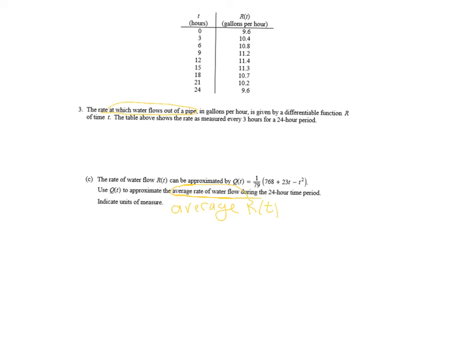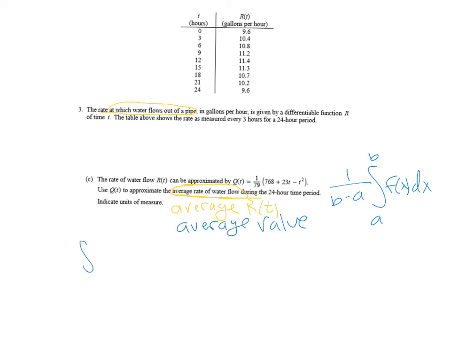This is where it can get confusing between average rate of change versus average value. This is actually referring to average value. That formula is 1 over b minus a, the integral from a to b of f of x dx. So we integrate from 0 to 24, 1 over 24 times the integral of q of t dt.